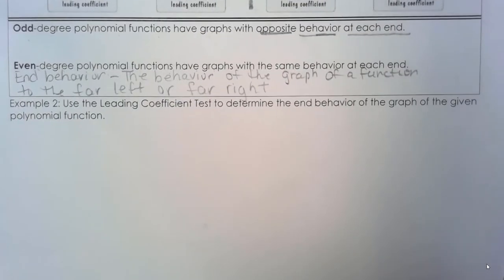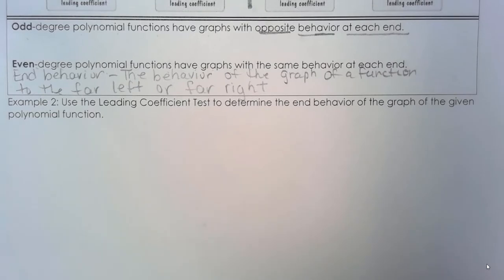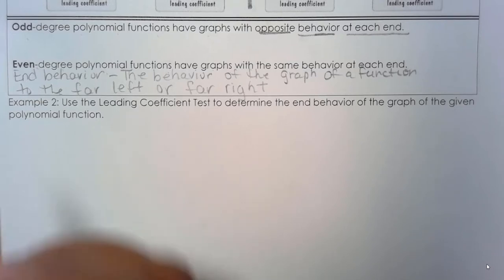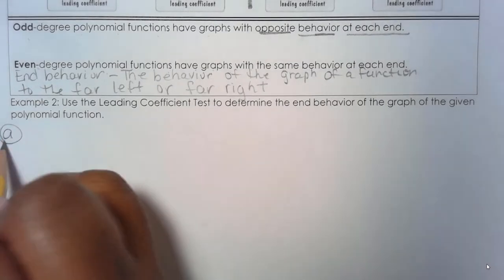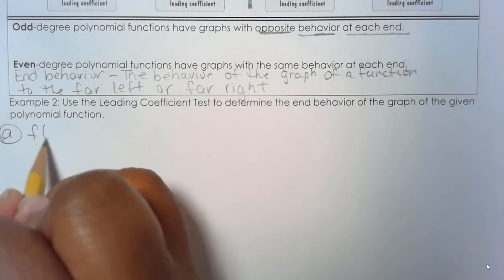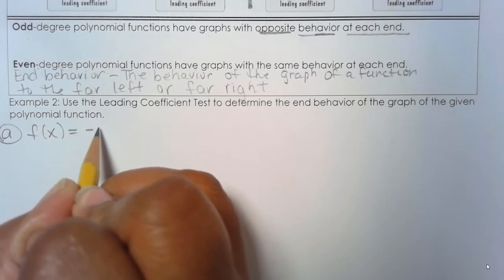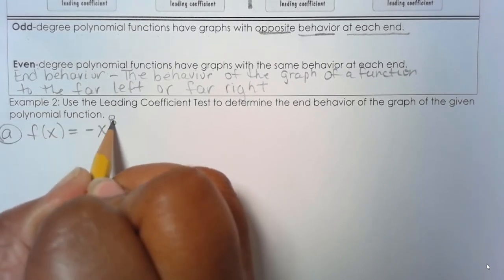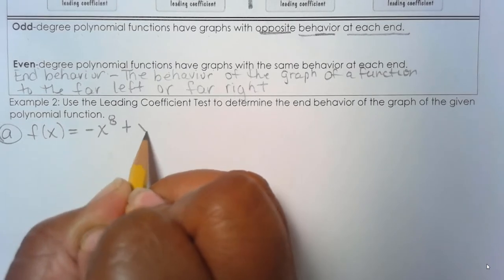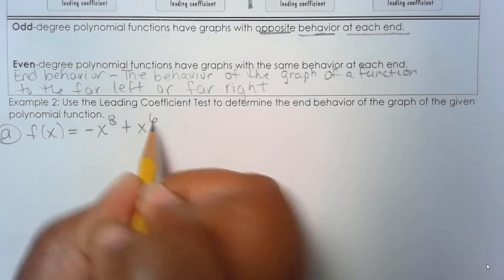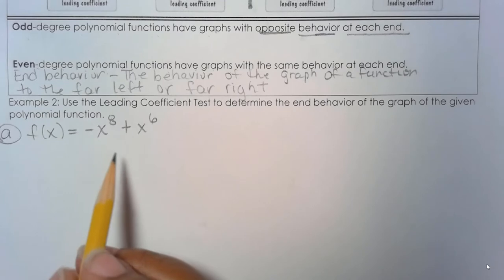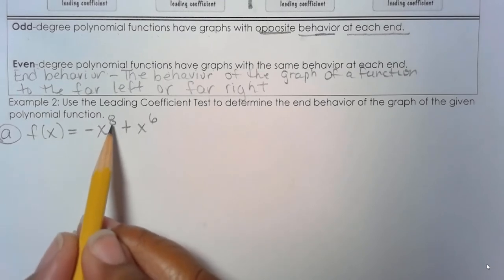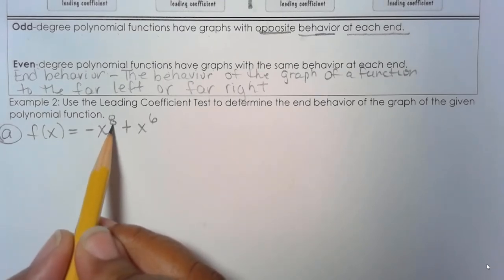Let's move this over some. Here we go. We just want to determine the end behavior given a polynomial function. So for example A, we have a function f of x is equal to negative x to the 8th power plus x to the 6th. So we're looking for the highest degree of that polynomial function.